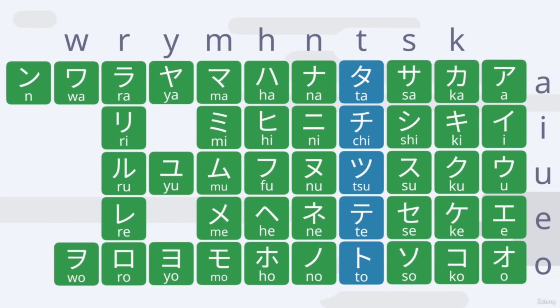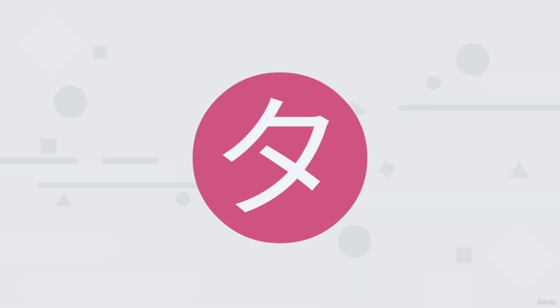In this lesson, we'll learn the characters ta, chi, tsu, te, to. The first character we'll learn is ta. Ta.